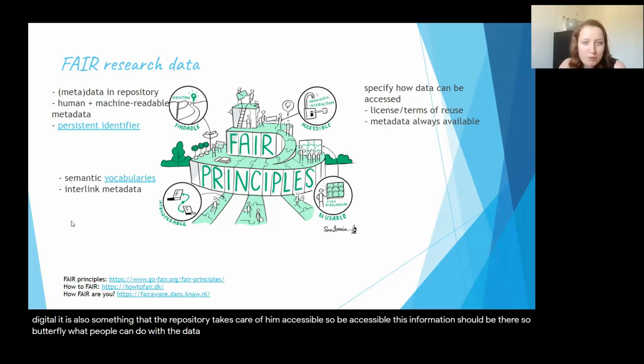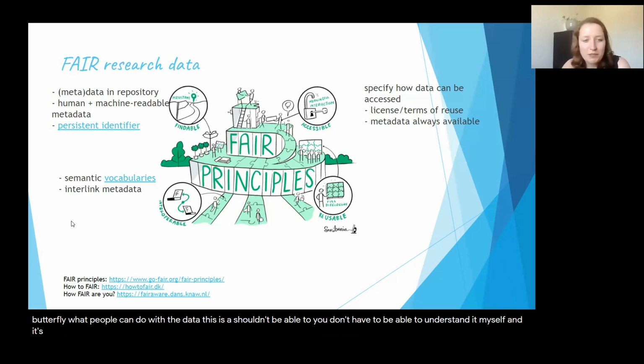Then interoperable means that you should use semantic vocabularies. This is a bit complicated and complex, and you don't have to be able to understand it exactly all yourself. But it sort of means that the contents are unambiguous and can be interpreted automatically by machines. For example, that you're using ontologies and thesauri and taxonomies.